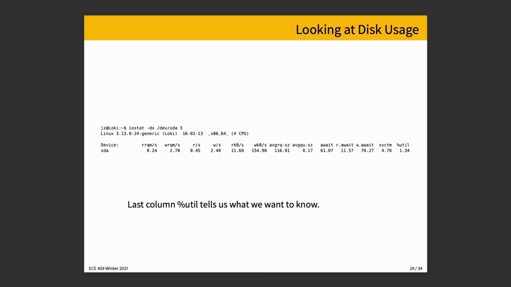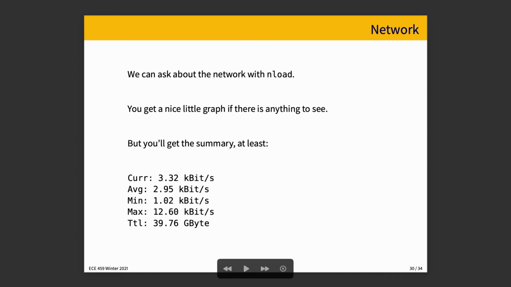This doesn't tell you quite as much information as we would normally like. You could, if you have root privileges, use iotop, which gives you a better overview of where the IO is going, but we don't have that option at present. We can also ask about the network with mload.